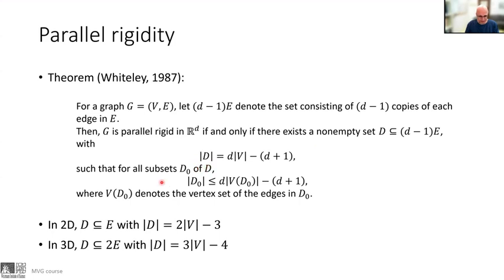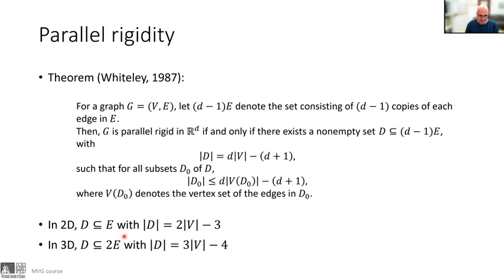The other condition is that for any subset of D, the size of the subset will be less than or equal to d times the number of vertices in the subset minus d plus 1. We will see some examples, and I think the theorem will be more clear. First, notice that in 2D, (d minus 1)E is simply E, since d minus 1 is 1.